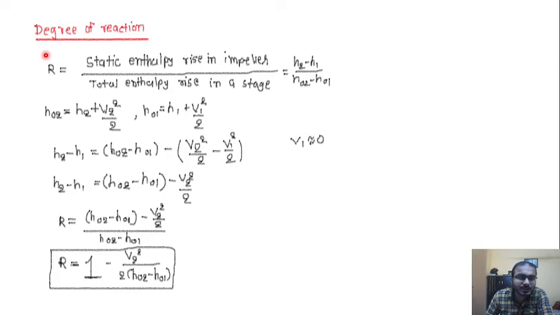So the degree of reaction gives us an idea of how much pressure rise is obtained in the impeller with respect to the total pressure rise. So we define R as the ratio of enthalpy rise in the impeller to total enthalpy rise in a stage, and we obtain the degree of reaction formula: R is equal to 1 minus V2 squared divided by 2 (H02 minus H01). You can further derive the formula of degree of reaction with the help of velocity triangles also. You can do it as a part of self-study.